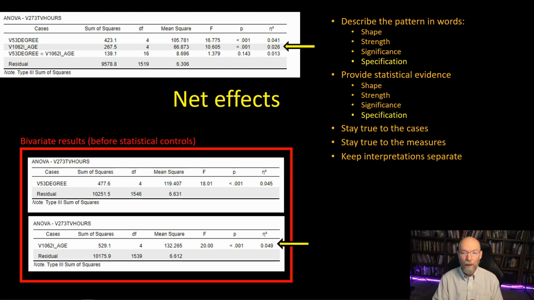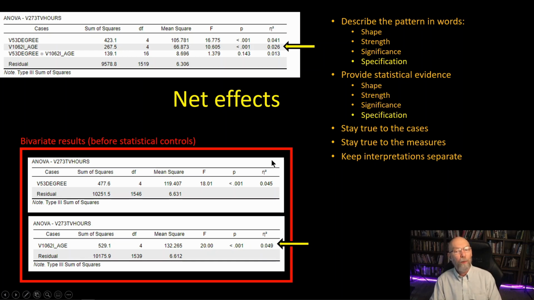Let's look at the next option. So now, if I compare the results for age, I see that in the bivariate, down at the bottom of the screen here, I had a 0.049 strength, so almost 5% of the variation was explained by age. And we thought, well, maybe what's happening, the way I posed it a moment ago, is maybe degree is really just finding the age effect. If that was true, age would still matter in the controlled version, and degree would not.